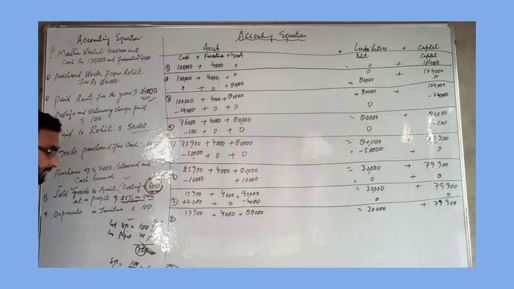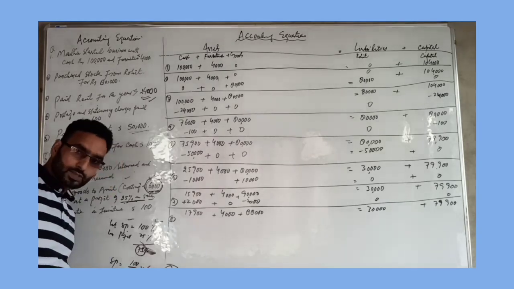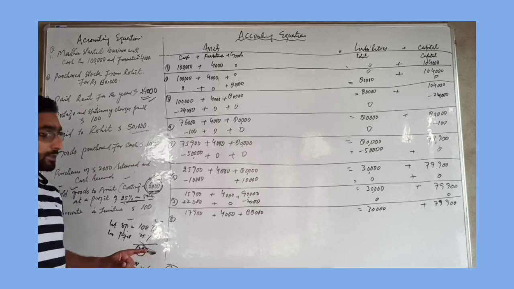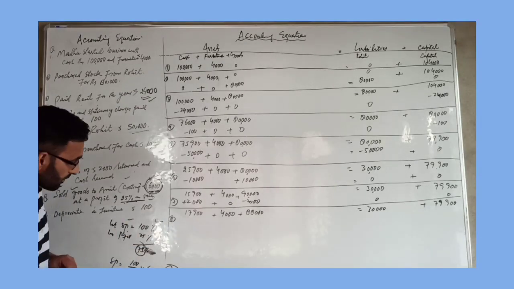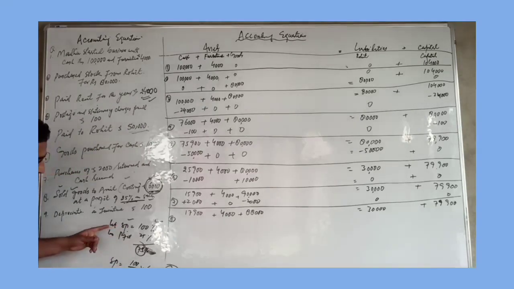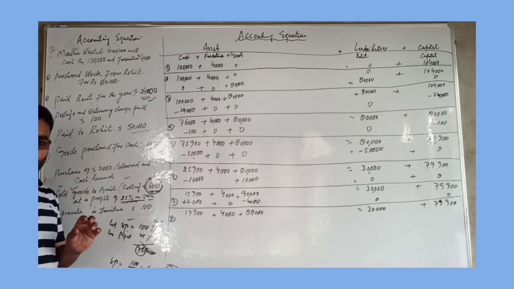Here the selling price is 8,000 and the cost price is 6,000. Now the profit, that is 25% of this amount, is equal to 2,000. Again remember, cost price is equal to selling price minus profit, and selling price is equal to cost price plus profit.